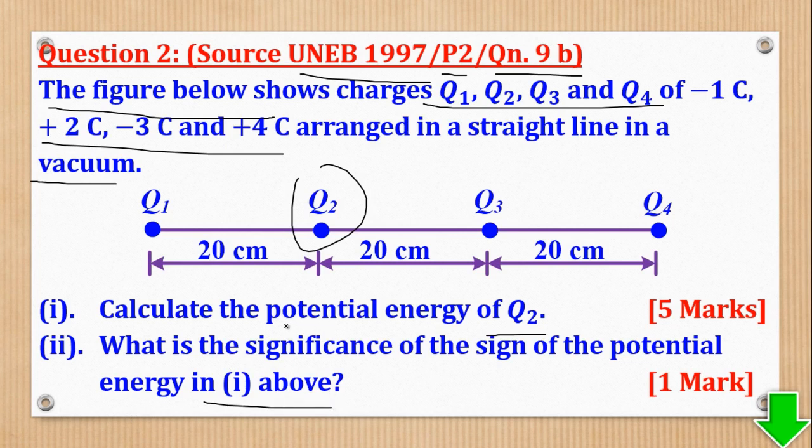Now we are using the word potential energy because at this Q2 is no longer positive 1. If you look at this, because this is this and this is positive 2. Because it is no longer positive 1, we cannot say electric potential. What we say is electric potential energy. That is why we are seeing this word potential energy.